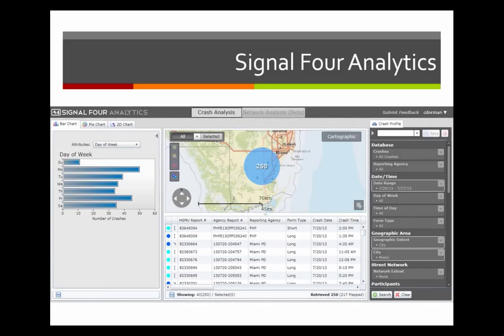And so the first tool that I used to analyze the data with I-95 Express was Signal Four Analytics. And this is a very powerful, useful tool. It's web-based. And what I was able to do is really just zoom into the exact segment that was in question and highlight exactly which lanes I wanted to look at and extract all the crash records from whatever period I wanted.